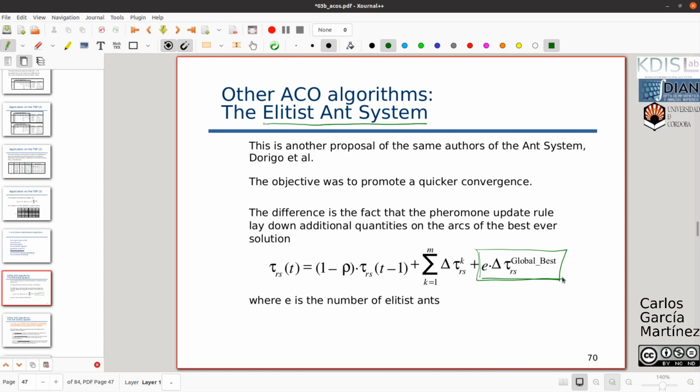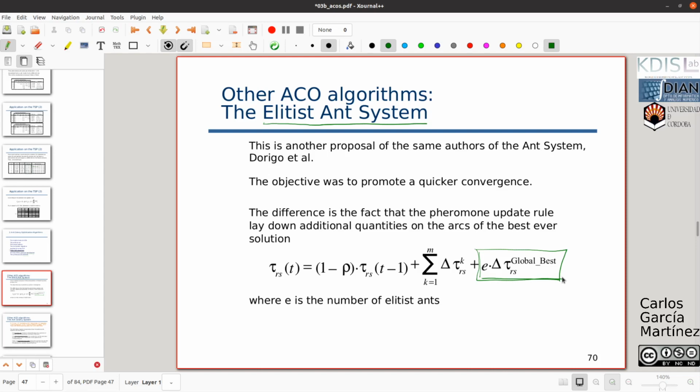The researchers came up with this idea because they noticed that the best ever solution might not be generated in every generation. It might happen that in one generation there is an ant that generates the best ever solution, but afterwards there are several generations when there is no ant which generates that solution.